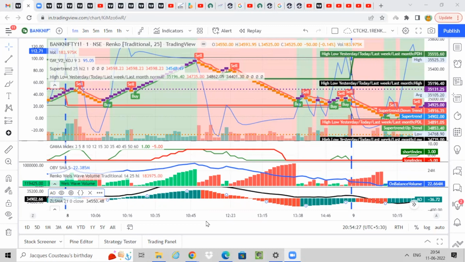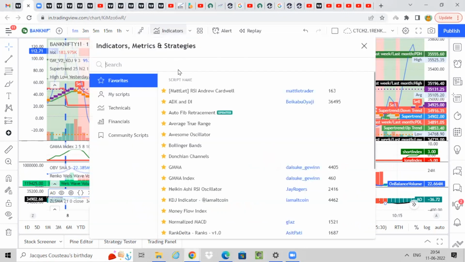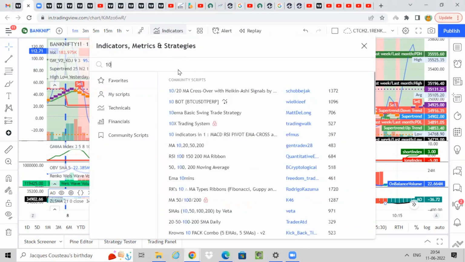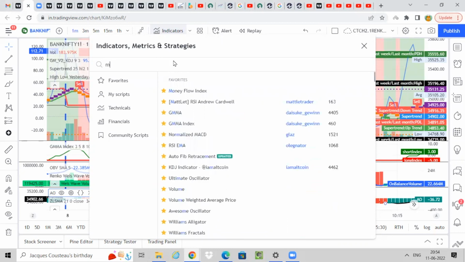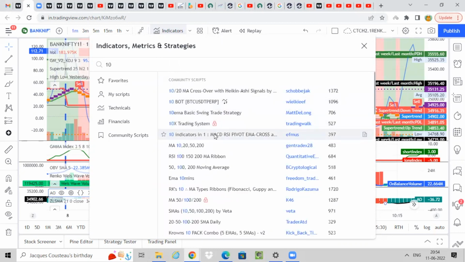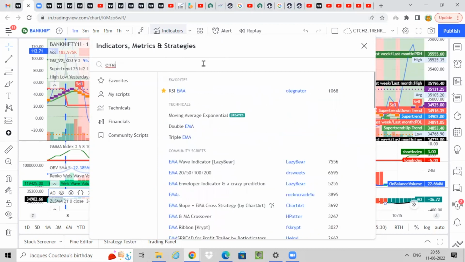One more thing we forgot, Nilesh. You have to add the 10 moving average here. Can you do it? Just add 10 moving average. Type EMA and you will get it, or moving average exponential, built in.